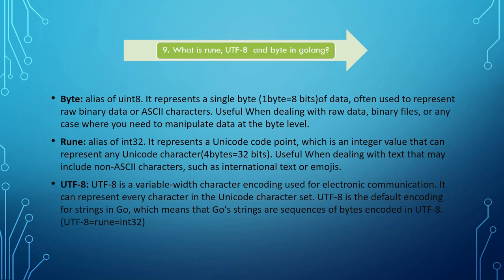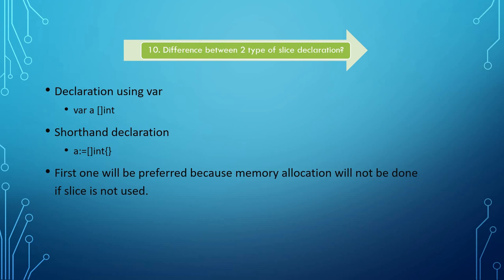Rune is nothing but the int32. Okay. A scenario will come for sorting, I will tell in an upcoming lecture where you have to use rune only, or UTF-8. So if they are telling UTF-8, rune or int32, all three are the same.